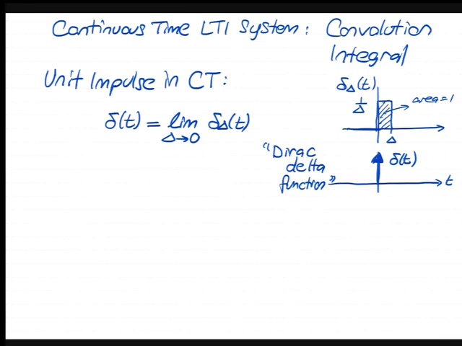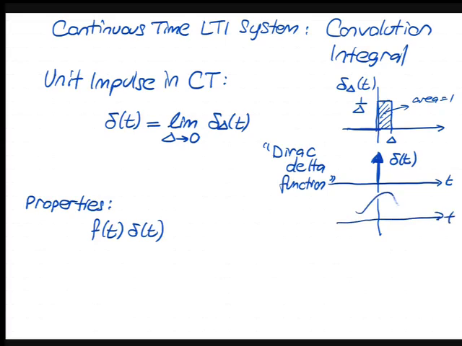Now, delta has some interesting properties. Very simple ones. In fact, I'll write something and I'll ask you to tell me. It will be that simple. What happens if I take a signal f of t and multiply it with delta of t? So I'm multiplying this weird arrow with, say, a continuous function f of t.